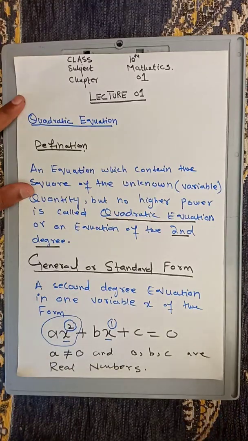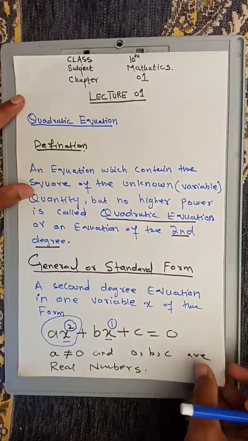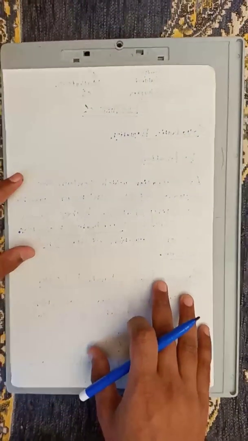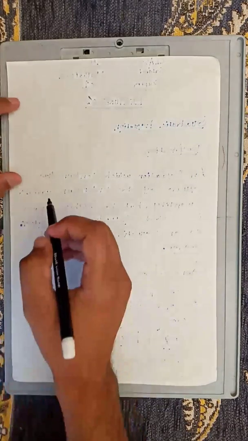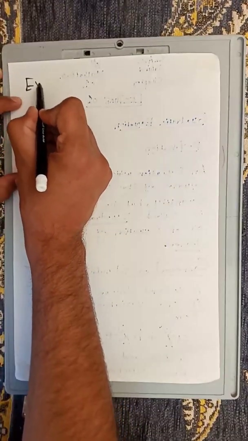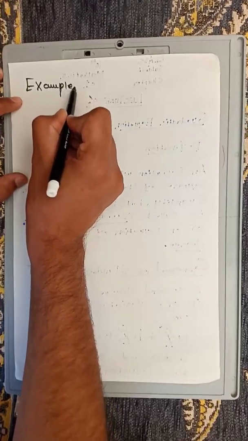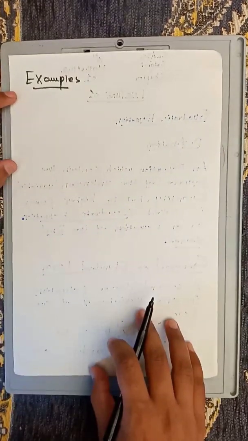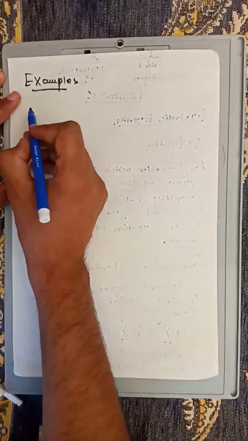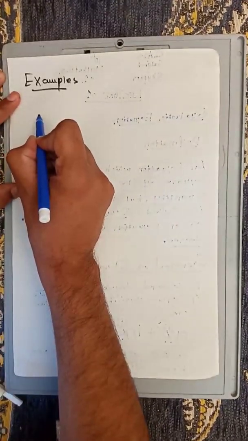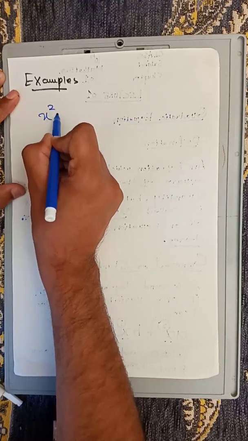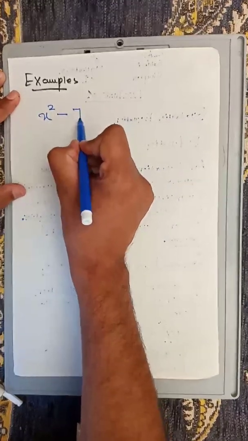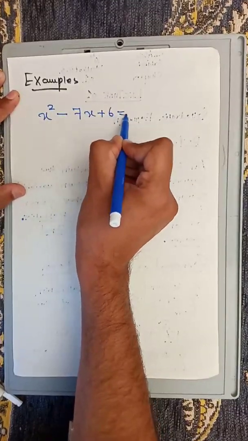Now we move to discuss some different examples of the quadratic equation. So we take different examples. For example, let's say I take x square minus 7x plus 6 is equal to 0.